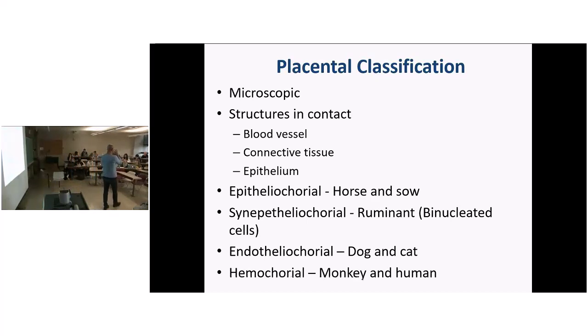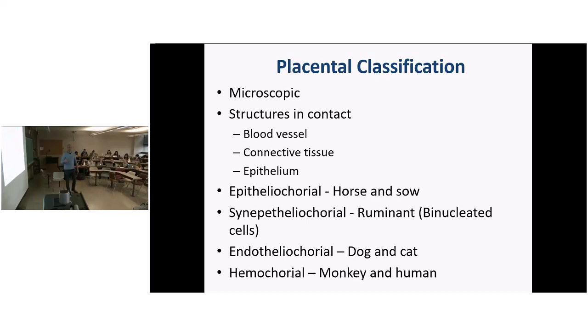Then you can have endotheliochorial, dogs and cats. When I say endothelium, it's basically the connective tissue and the endothelium with the chorionic. So there's no more epithelium of the endometrium. So basically one layer less of intimacy in that case.